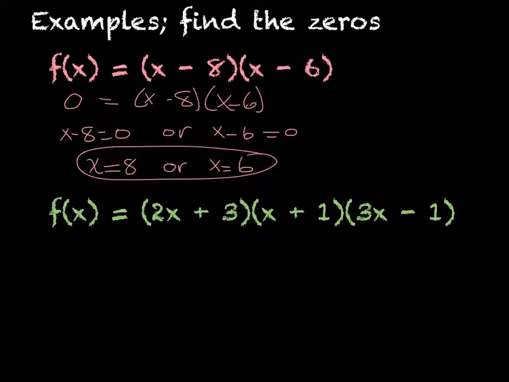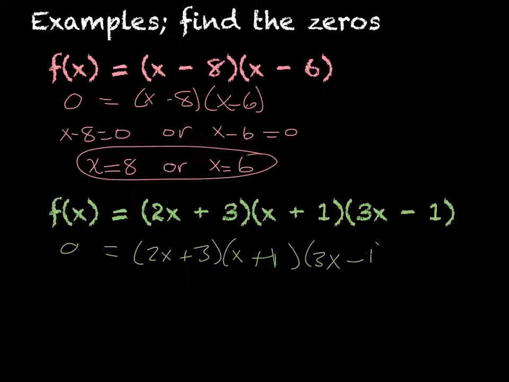In this next example, we have 3 factors, but it's the same thing. We just have to set all of them equal to 0. So 0 equals 2x plus 3, x plus 1, 3x minus 1. So we set individually 2x plus 3 equal to 0, x plus 1 equal to 0, 3x minus 1 equals 0, and then we solve.